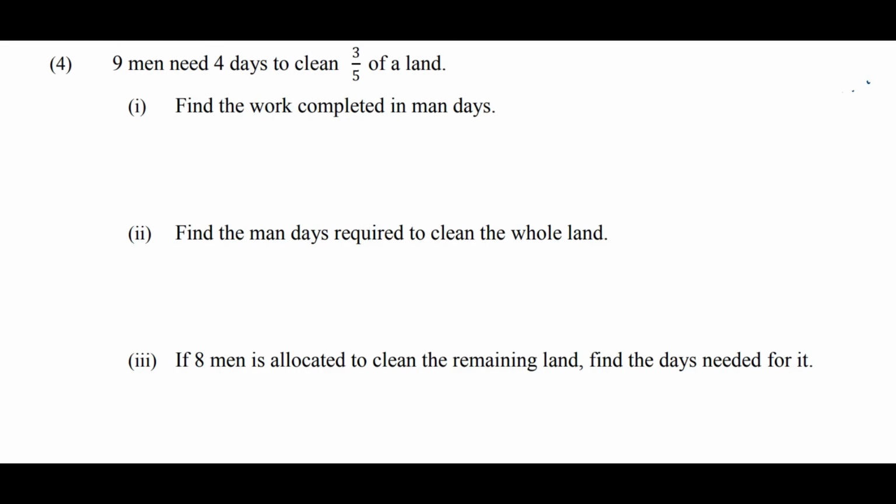Then we can write the task of these 4 days. There are 9 men and they are working for 4 days. That means 36 man days. Next, find the man days required to complete the whole land. That means this 36 equals 3 equal parts of the whole land.